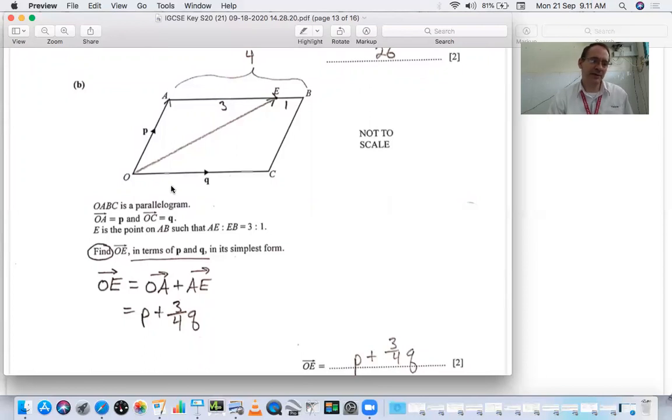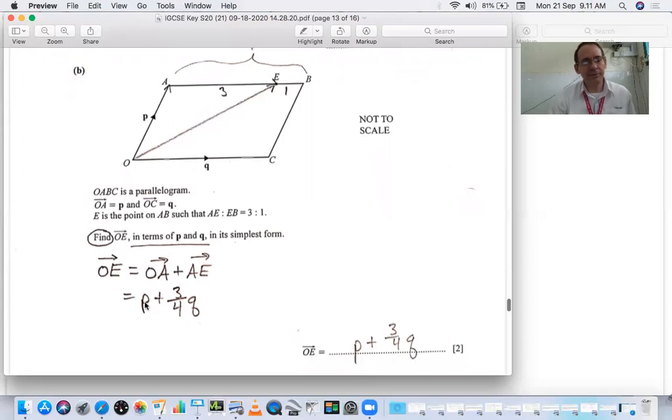So if we want to find OE, we can just draw in a line straight there. To get to E, we have to go from O to A, and then from A over to E. So OA plus AE. Do your general formula first to figure out how to get there, then plug in the parts.